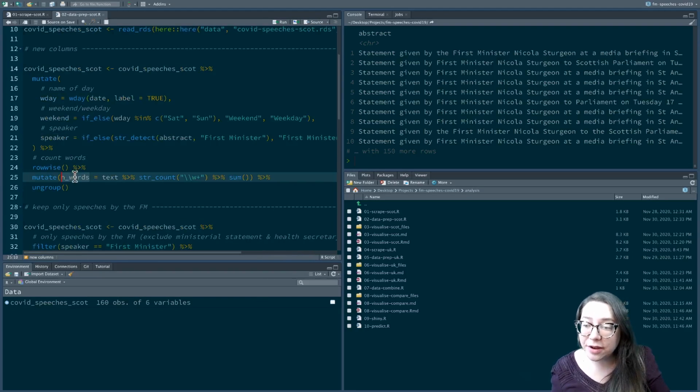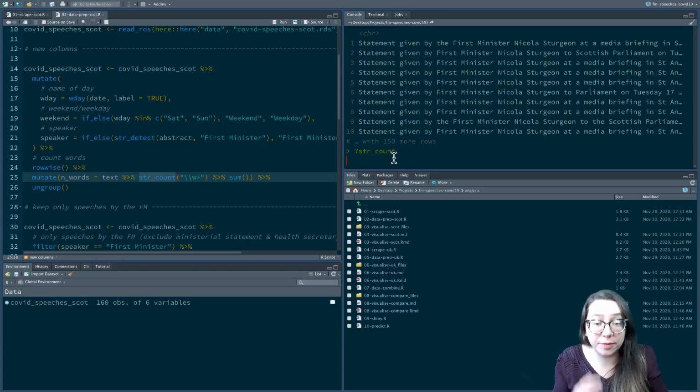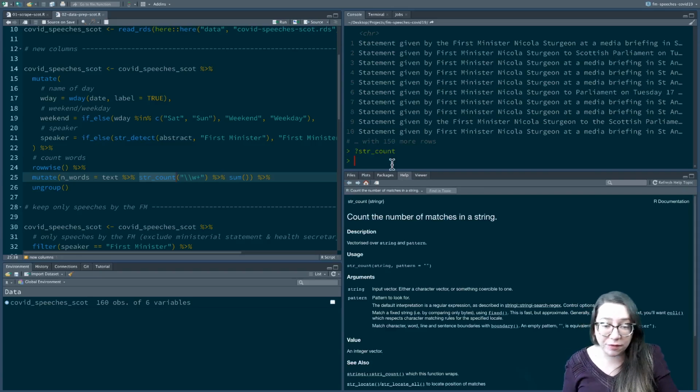And then one last thing that I am going to do is count the number of words. In this case, we are using a new function that we haven't seen before from the stringr package, which we have seen before, that basically counts the number of matches in a string. So this is not necessarily counting the words directly, but we can use a particular regular expression to say we're looking for words.